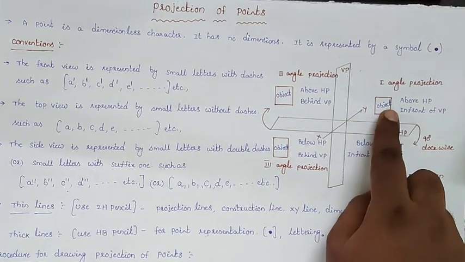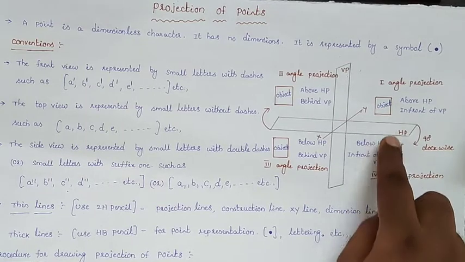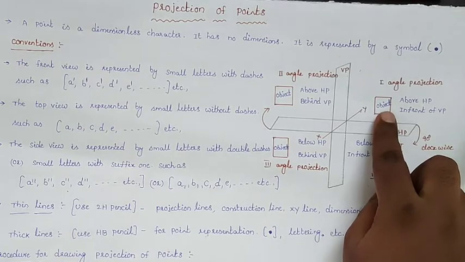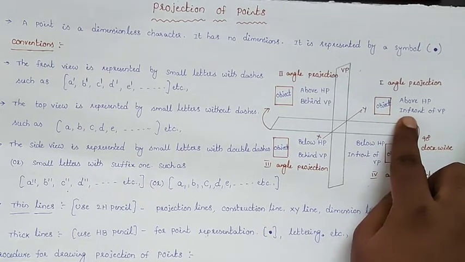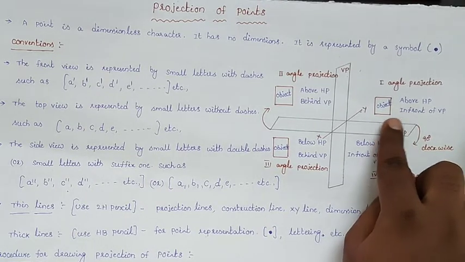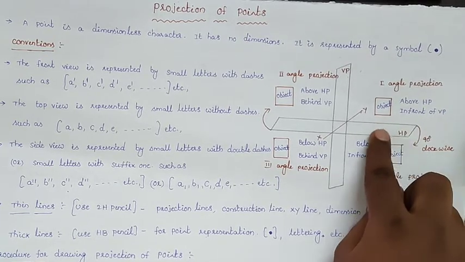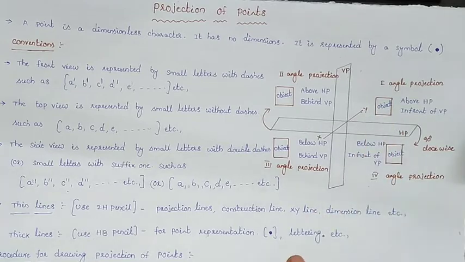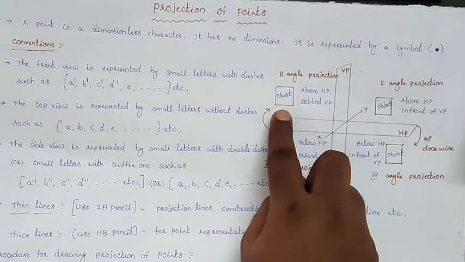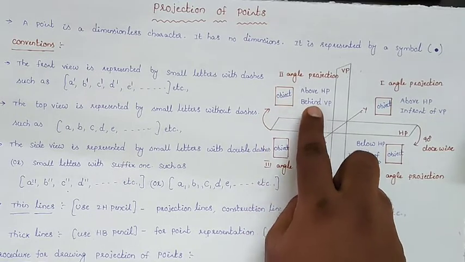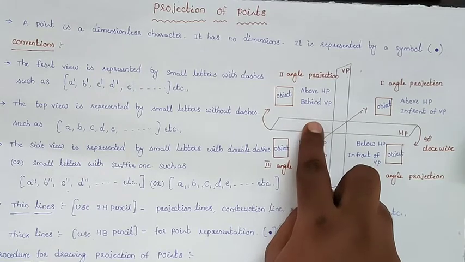Whenever an object is in the first angle projection or first quadrant, the position of the object is very important. If the object is in the first quadrant, it lies above HP and in front of the VP. If the object is in the second quadrant, it lies above HP and behind the VP.